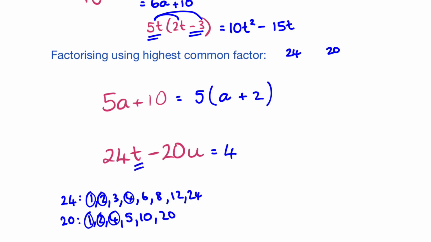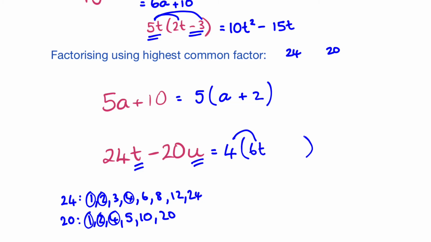And then looking at the letters, we've got a t there and a u there. So there's no common factor in the letters. So we need to now work out what goes in the bracket, so that 4 times what goes here is 24t. And that must mean 4 times 6 is 24, and we need a t.